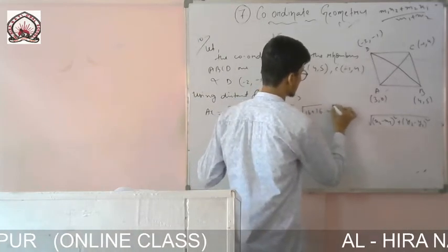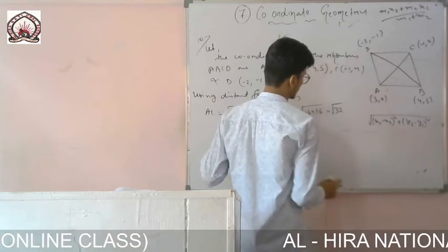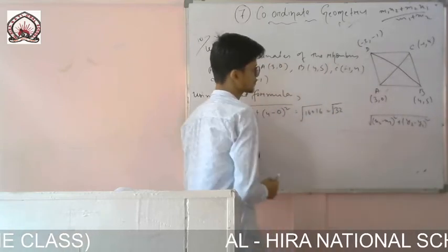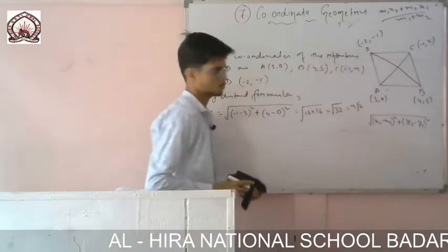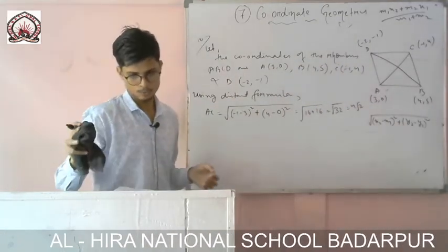Sorry, there was an error earlier. So 16 plus 16 is 32, that is 2 into 16, which means 4 root 2. So the first one is AC equals 4 root 2.